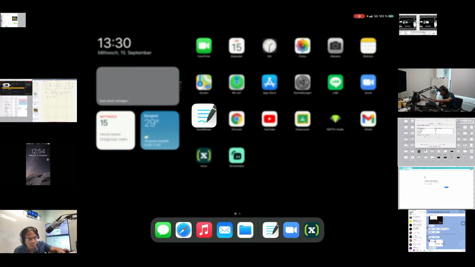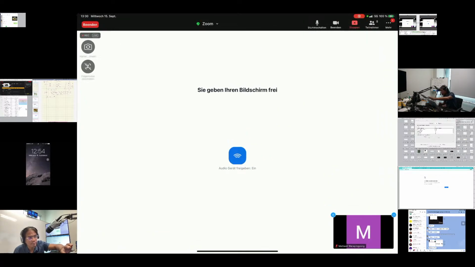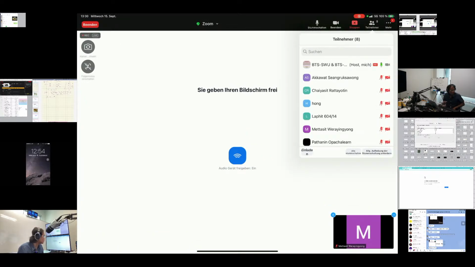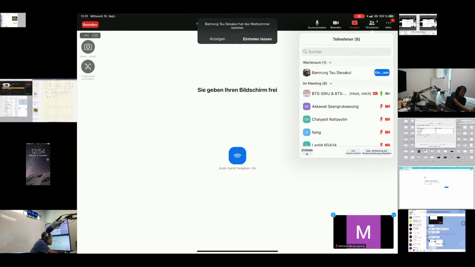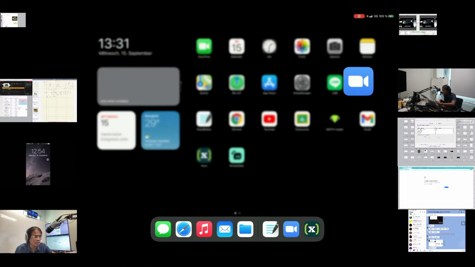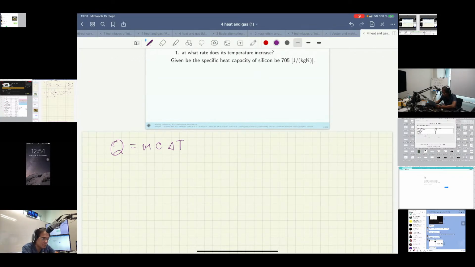So the rate should be anything that is measured with respect to time, right? So yes, we're gonna divide the whole equation by small delta t.